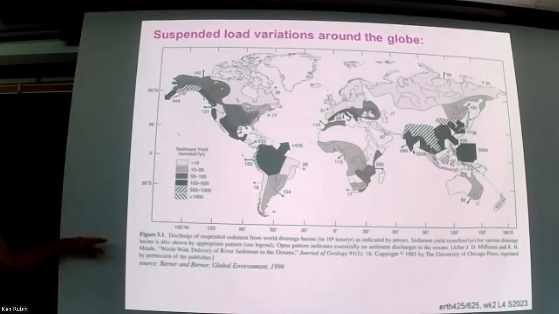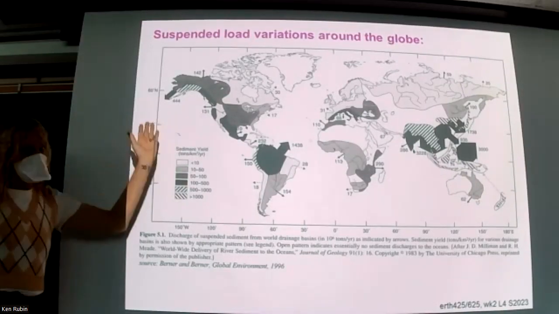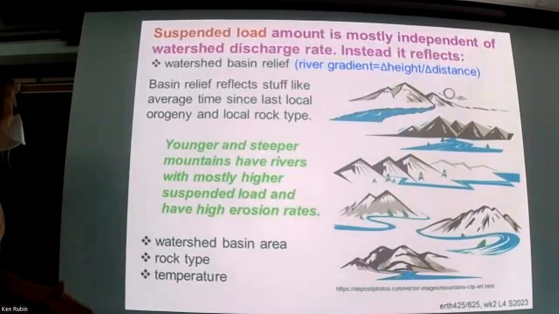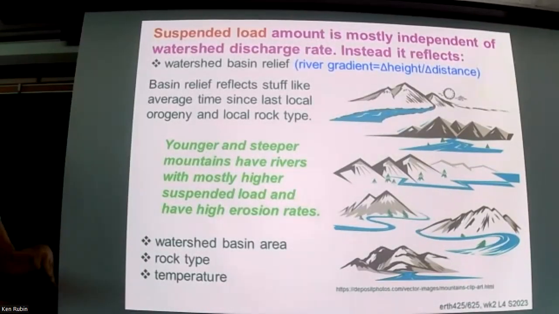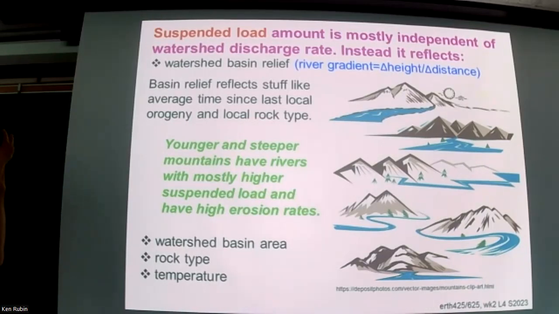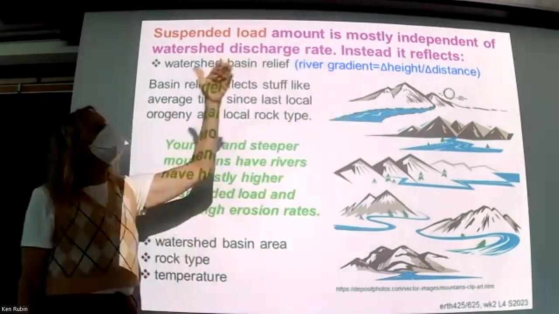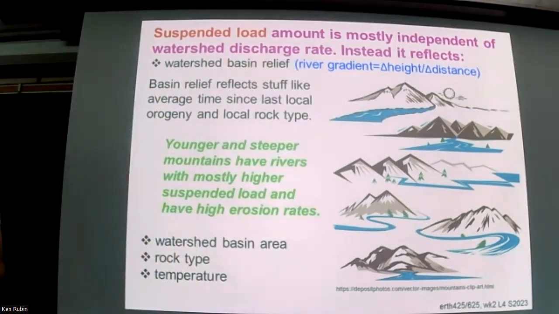And then there are large fluxes in other places, less fluxes in some places. It does vary from place to place. This suspended load largely reflects the steepness of the terrain, which we can calculate using an average river gradient, which is basically just a change in elevation over the change in distance.